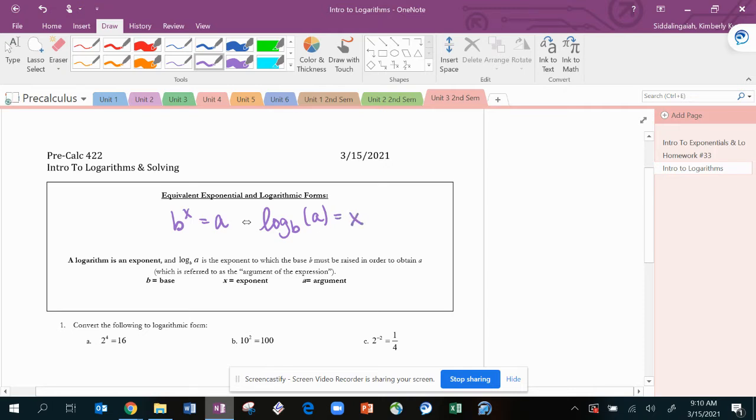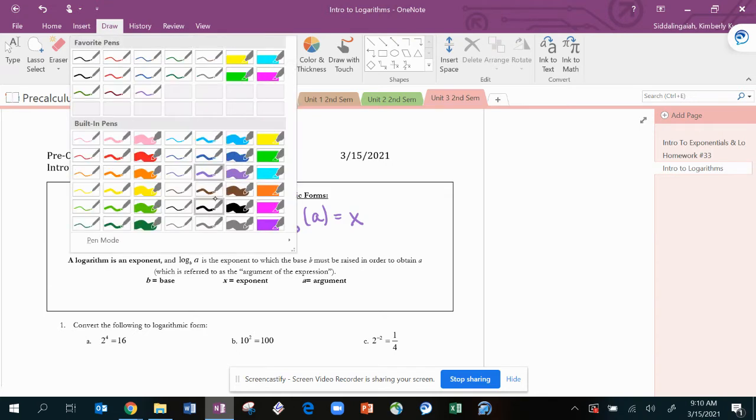A log equals the exponent. So notice how the log equals x, and x is the exponent. Now, this little arrow back and forth means we can go from an exponential to a log or a log to an exponential. So either one is going to be helpful, depending on the problem.